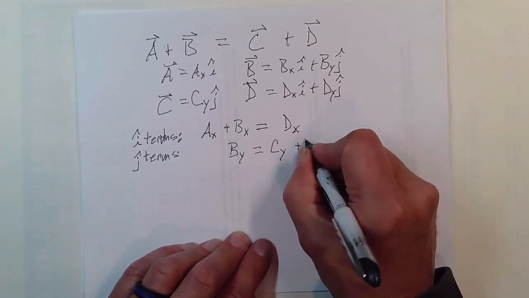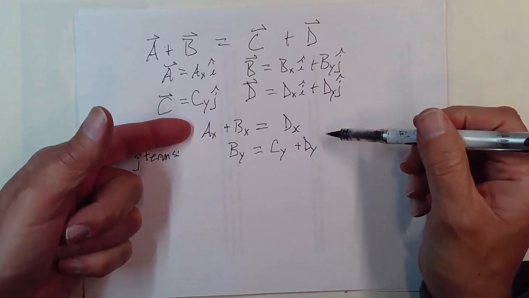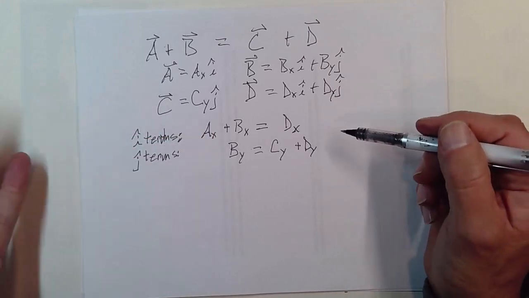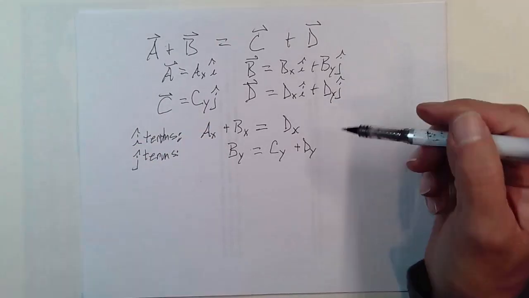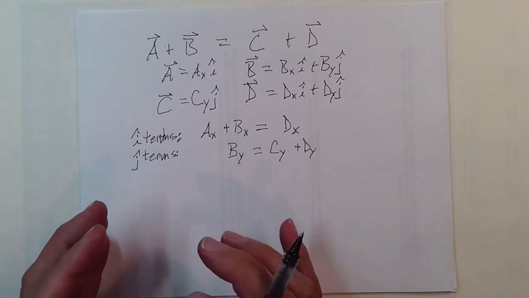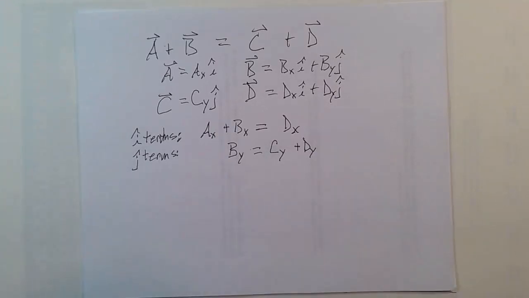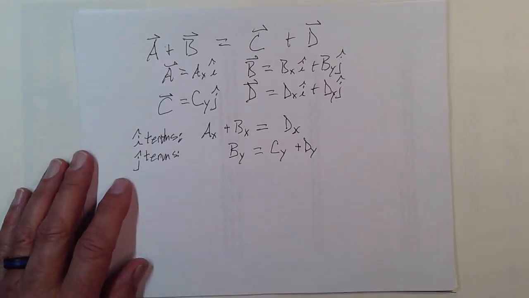So that gives me these two equations, but these are scalar equations. We know how to solve those. That's just ordinary mathematics. But this is something that we can do. And we'll find out that there is an independence of perpendicular motions that lets us get away with this. And we'll be considering one equation for the x term, one equation for the y term. And that's what we'll be able to do with these things.